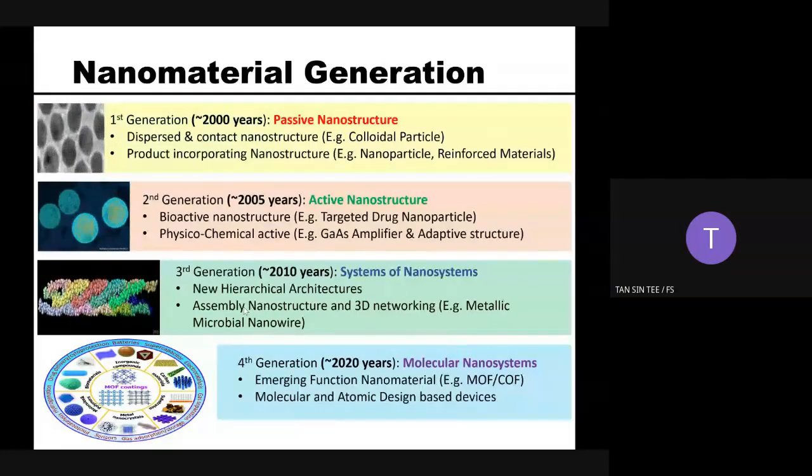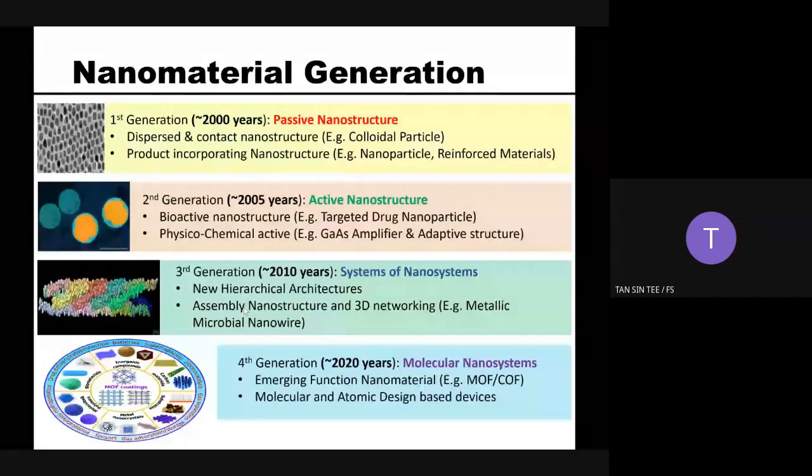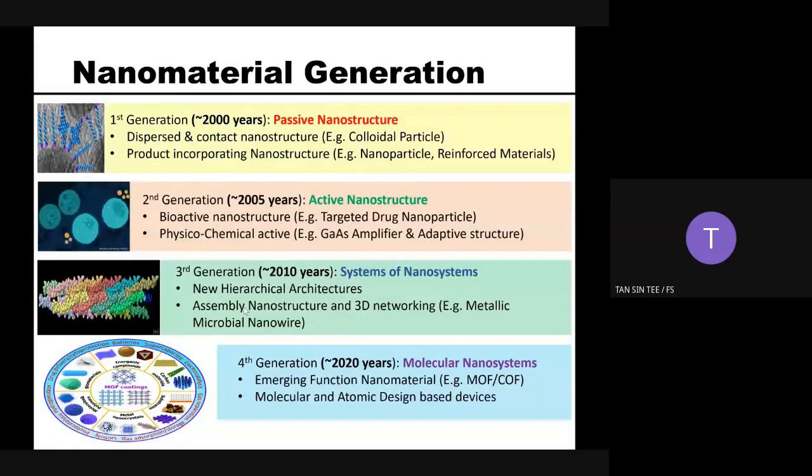Okay, so there are four generations of the nanomaterials. The first generation we can consider as starting about 2000 years ago, and we know it as the passive nanostructure. In the field of passive nanostructures, people tend to just design different types of nanostructures, for example, dispersed and contact nanostructures, like the colloidal particle that you see from the images here.